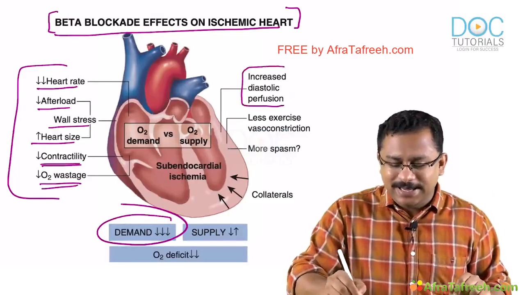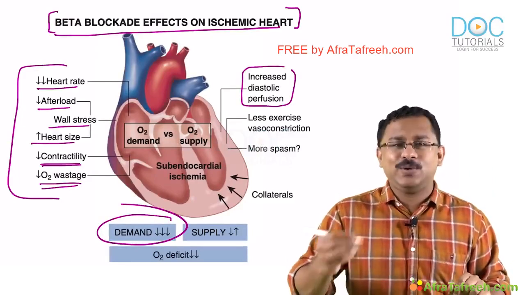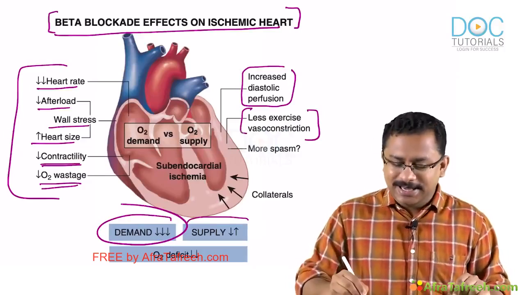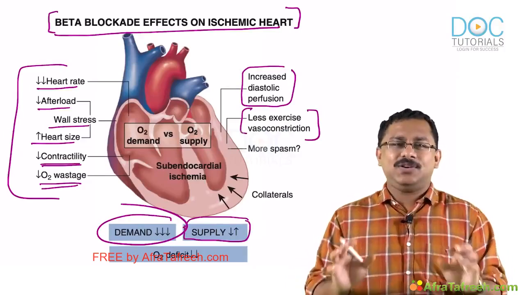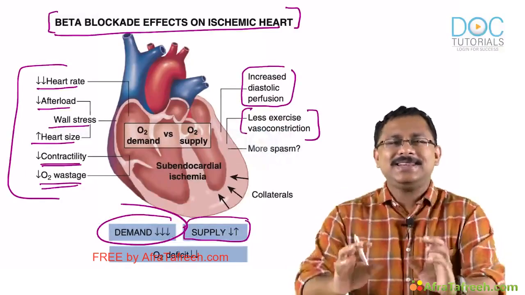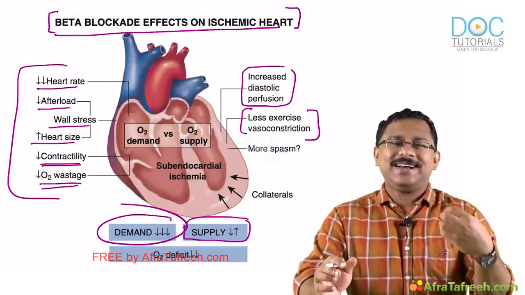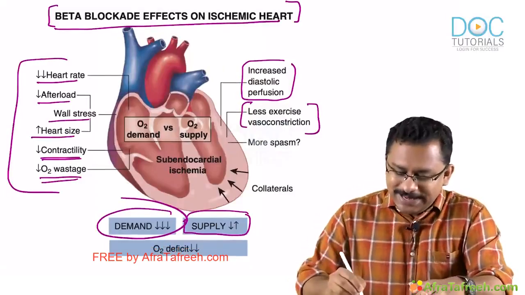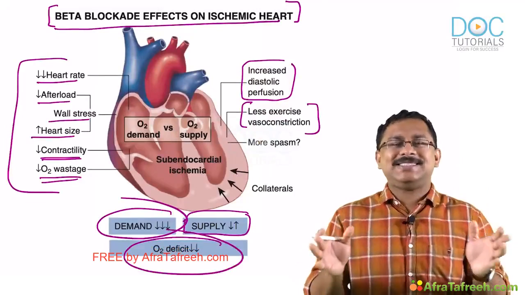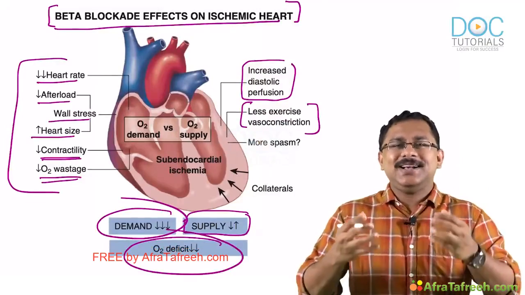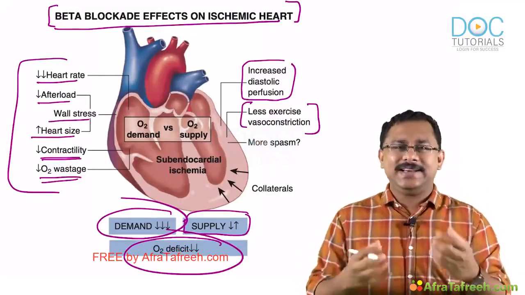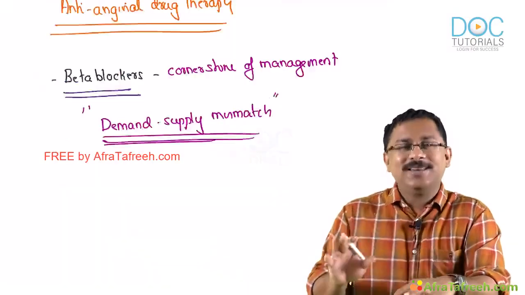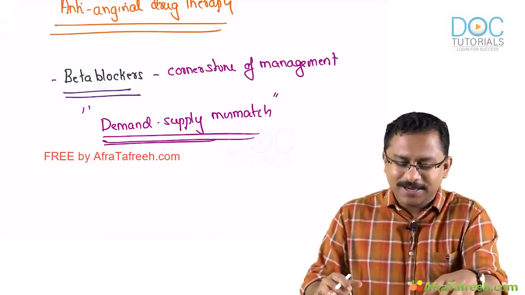At the same time, by increasing the diastolic perfusion as well as decreasing the exercise induced vasoconstriction, it slightly increases the supply also. But the predominant action of beta blockers is to decrease the demand. And what is the end result? The mismatch is decreased, or you can say the oxygen deficit is decreased, and that is how beta blockers will act in an ischemic heart.